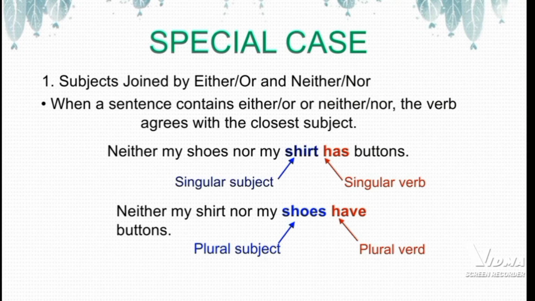In this special case, when a sentence contains either/or or neither/nor, the verb agrees with the closest subject. For example, neither my shoes nor my shirt has buttons. The first subject here is shoes, which is plural, and the second one is shirt.